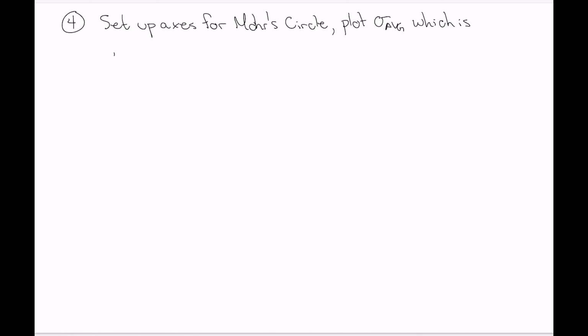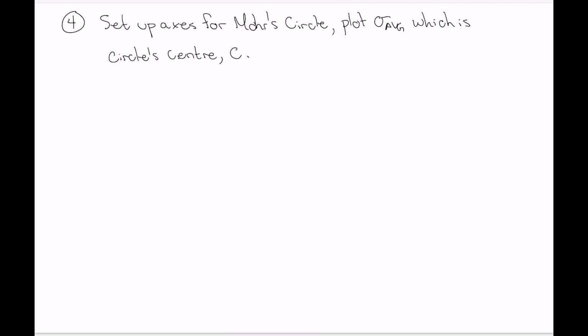So step 4: set up axes for Mohr's circle, plot sigma average, which is the circle's center, and I like to label that C. Okay, so let's do that.